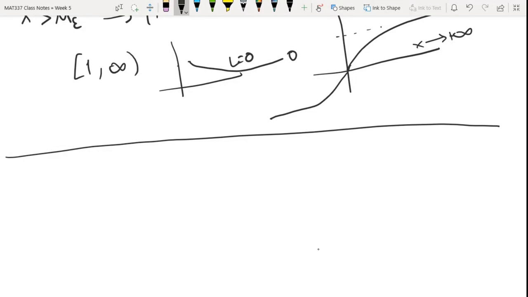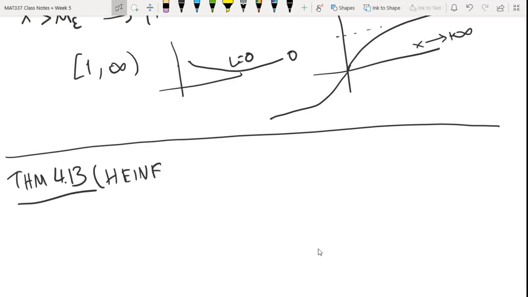Okay. So now we do Heine-Cantor. That's a very nice one.